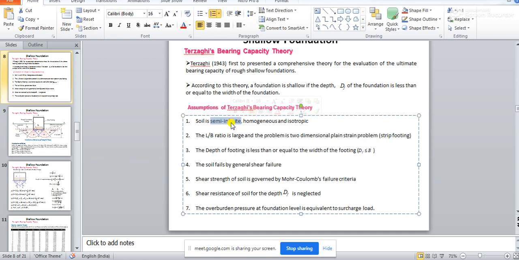Okay, and the last one is isotropic. You must know from your strength of materials course what an isotropic material is. Isotropic material means the elastic property of the material will remain the same in all directions.